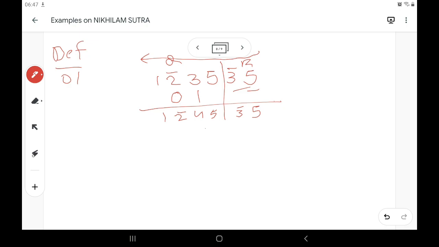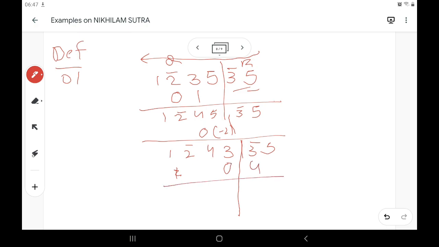0 minus 2. So you'll get 1, 2 bar, 4, 3, 3 bar, 5. And 0, 1 into 4 to subsequent digits.